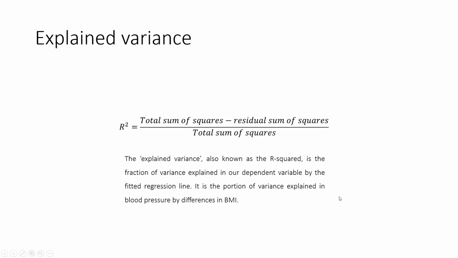And it's the proportion of variance explained in blood pressure by the differences, in this case, in BMI. And we can calculate it as follows. We can take the total sum of squares, that was 1156 that we saw earlier, minus the residual sum of squares that we calculated with the new regression line, and then divide that by the total sum of squares. So we are left with a fraction.